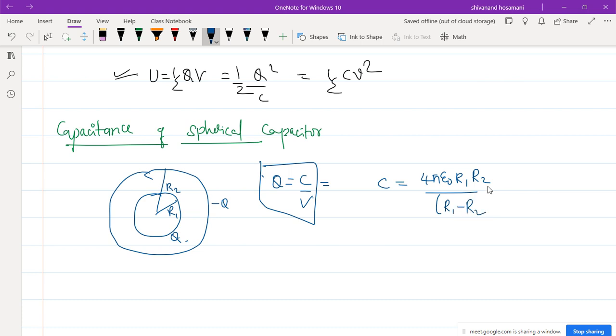So this is the capacitance of the spherical shells capacitor.